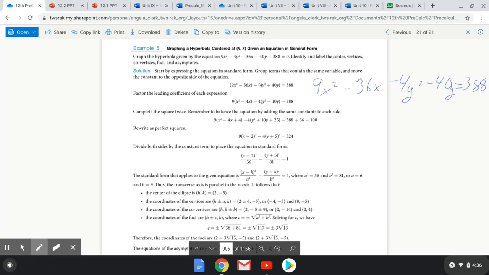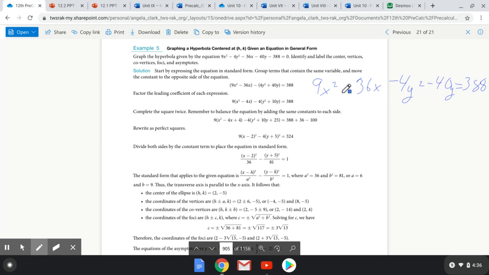And then, remember, like we did in ellipses, we're going to have to factor out the first term on the x terms and the y terms. Whatever the leading coefficient of the x terms is, we factor that out, and whatever the leading coefficient of the y terms is, we factor that out. Notice that the y term is negative.